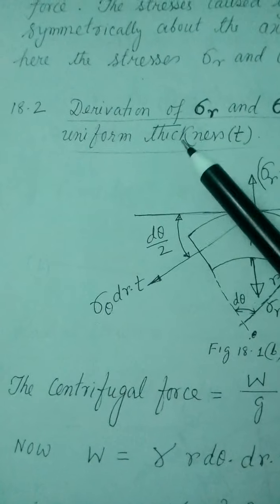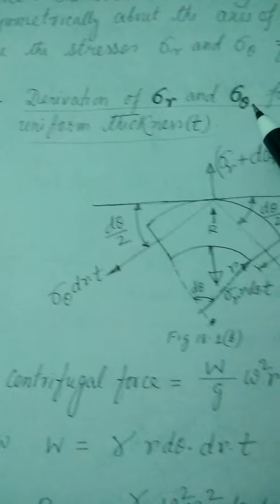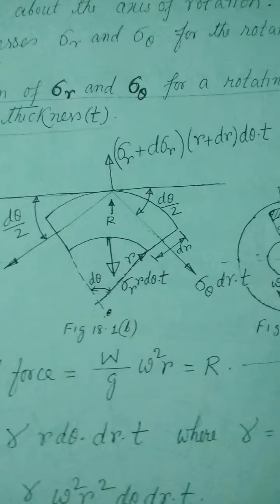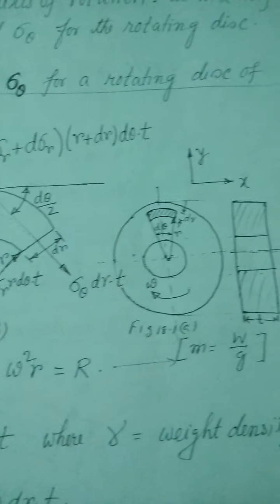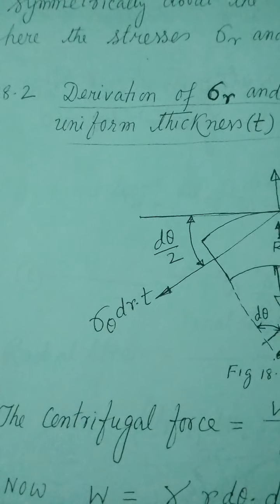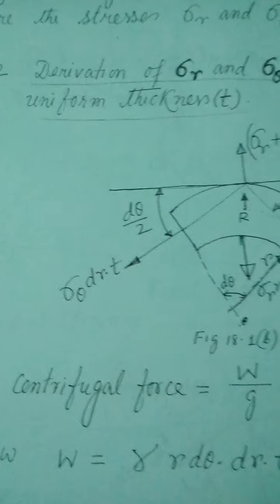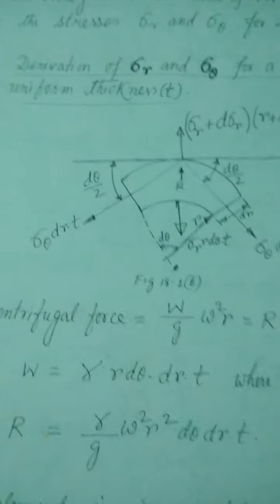Now, derivation of sigma r and sigma theta for a rotating disc of uniform thickness T. Now please draw the figure.